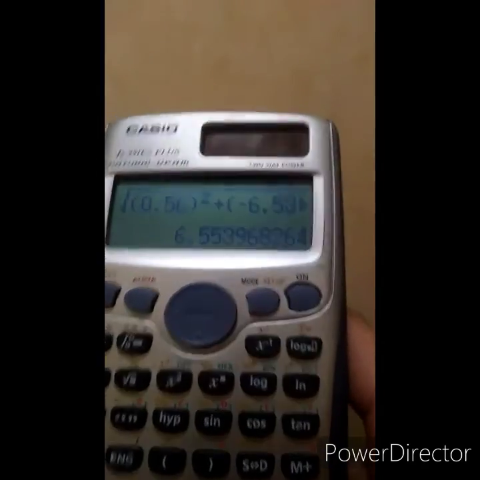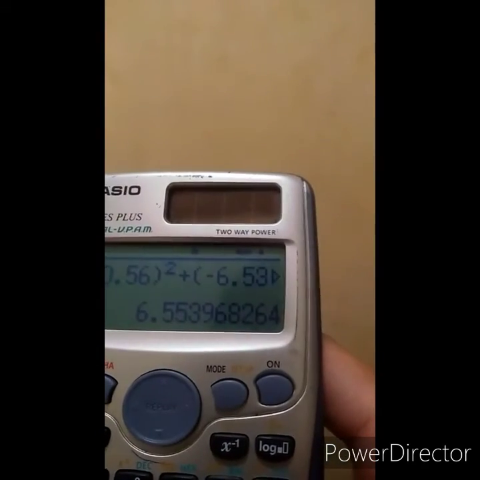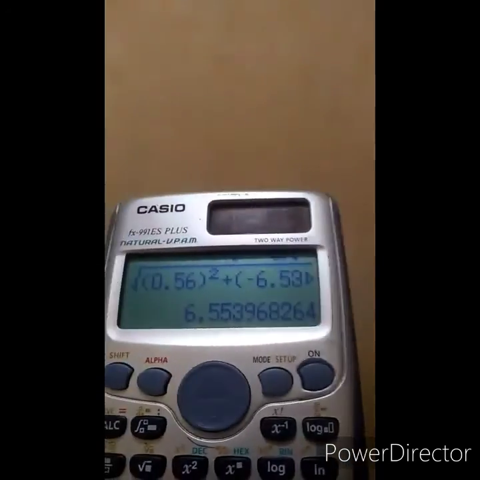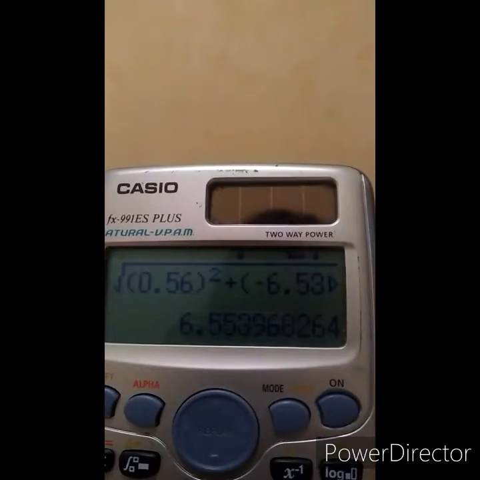We will be getting 6.55. Though in your book it is indicated that it is 6.6, we must write our final answer on the same page. And it must always be rounded off to the nearest hundredths. It means to say we will be using 2 decimal numbers.